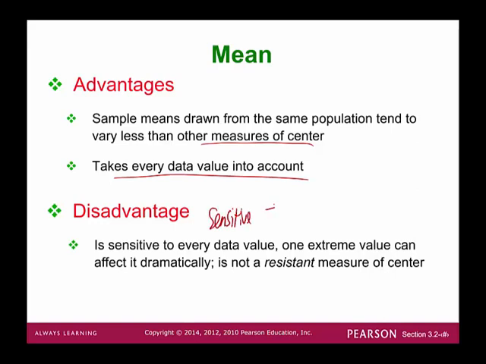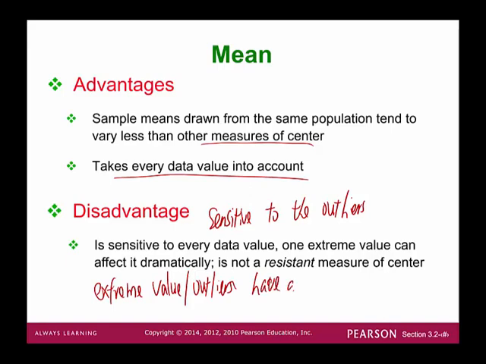Also, you can say that extreme values or outliers have a big impact on the mean. So sometimes that makes it less reliable, because if you have an outlier in your data set, then your mean will not be an objective representative of the center.